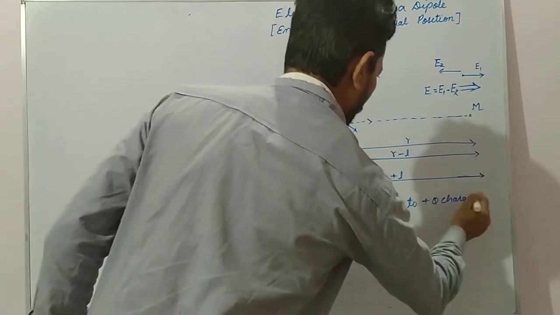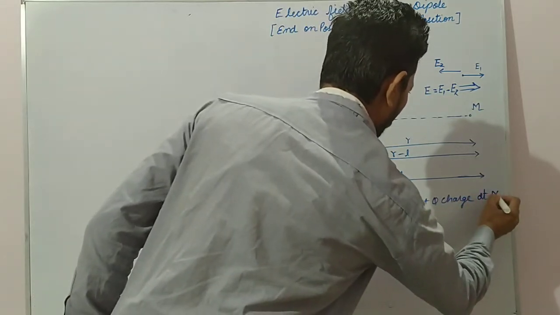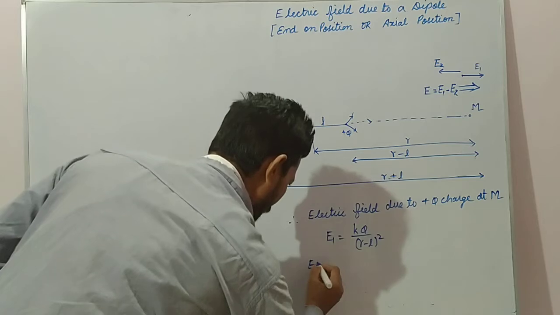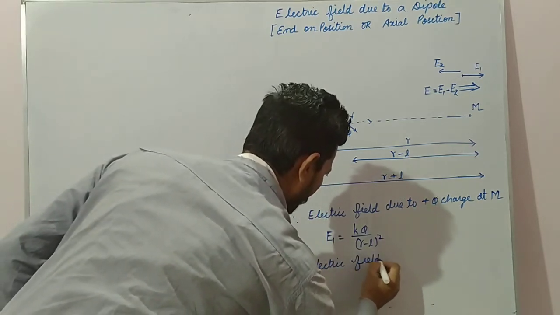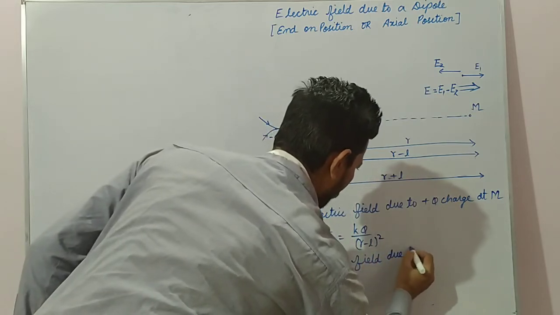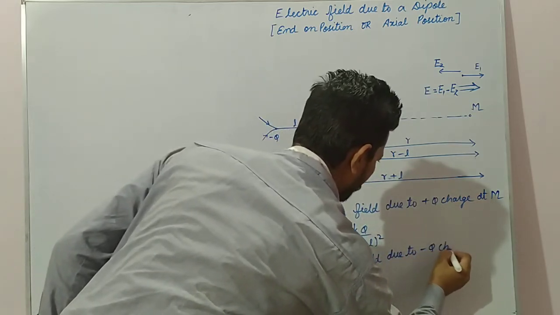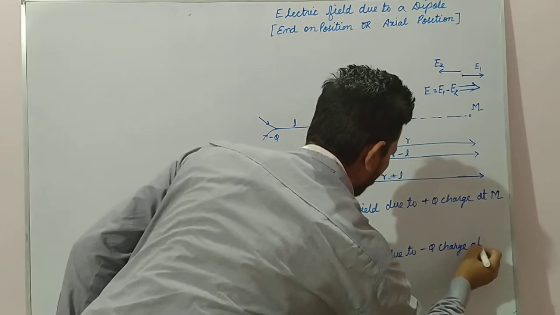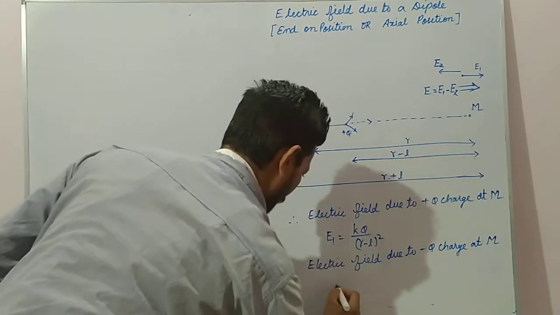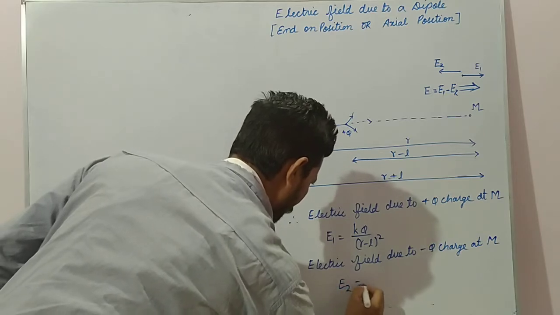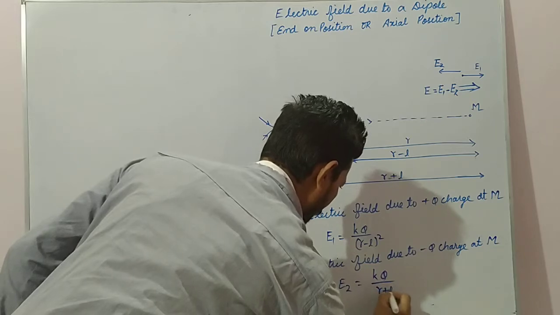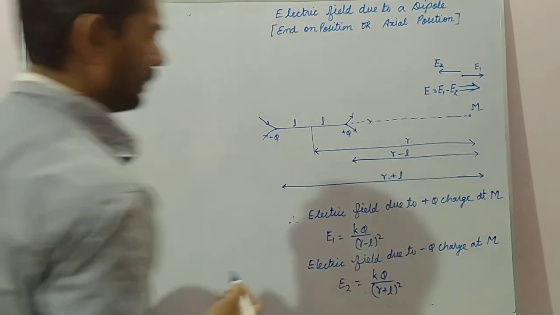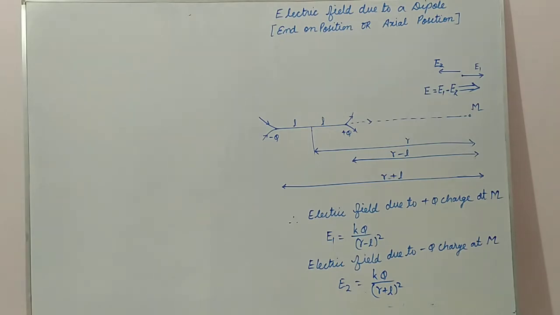Electric field due to plus q charge at M. Similarly, electric field due to minus q charge at M, that is E2 equal to kq by (r plus l) the whole square. So this is the distance.